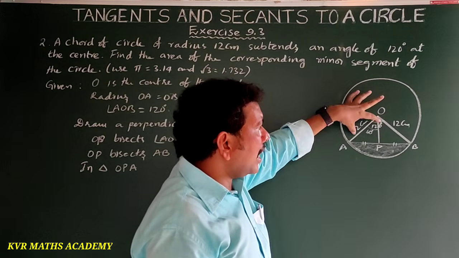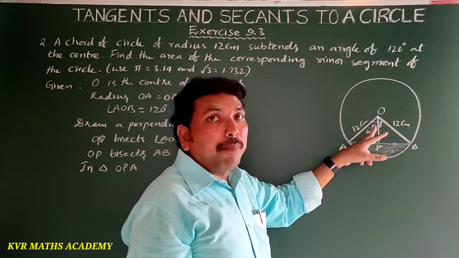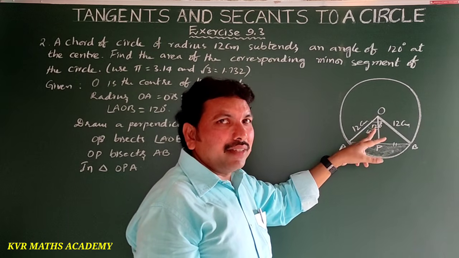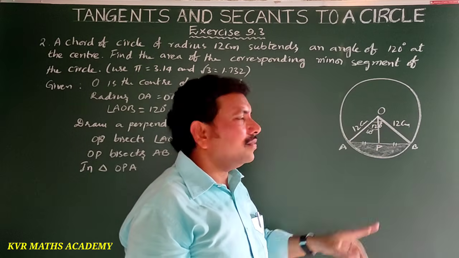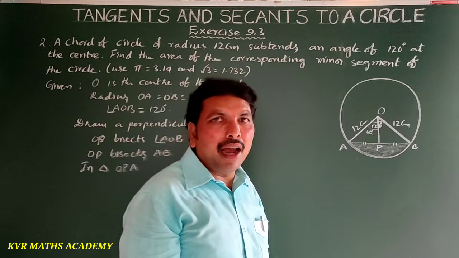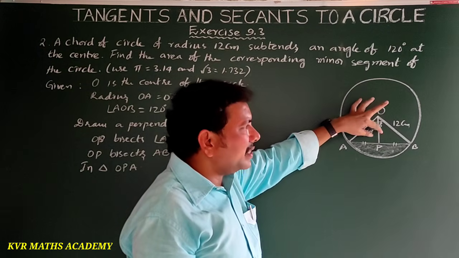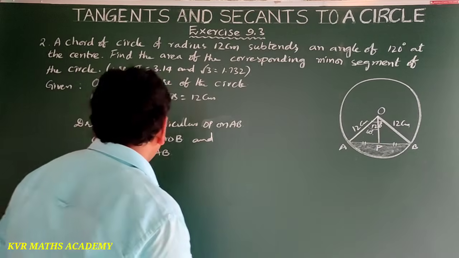First in triangle OPA, apply trigonometry on this, right? So take cos 60 degrees. Cos means adjacent side by hypotenuse. So OP is the adjacent side and OA is the hypotenuse, right?